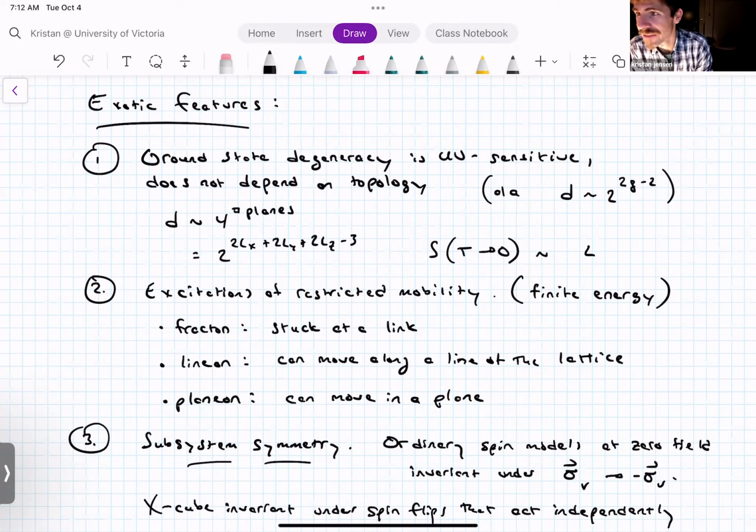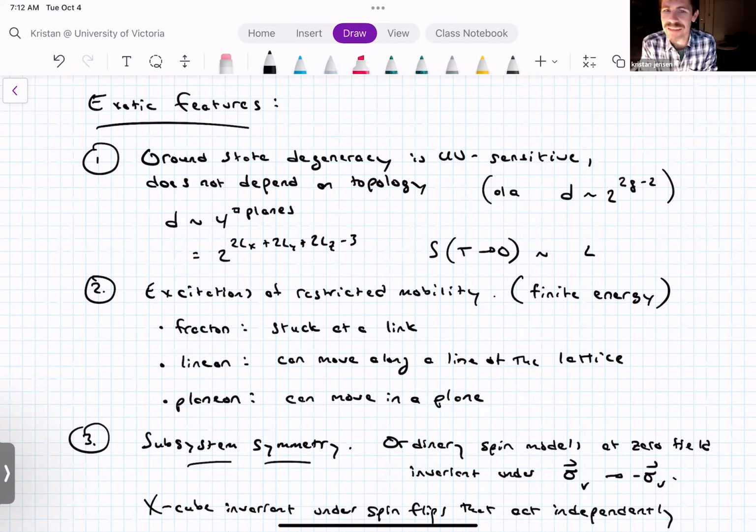In particular, that degeneracy goes like, in a fine lattice limit, 4 to the number of planes in the lattice. The exact number is what I wrote here: 2 to the number of lattice sites in the x direction, plus 2 times number of sites in the y direction, plus 2 times number of sites in the z direction. And then there's the fun factor of -3 that you can work harder to figure out.